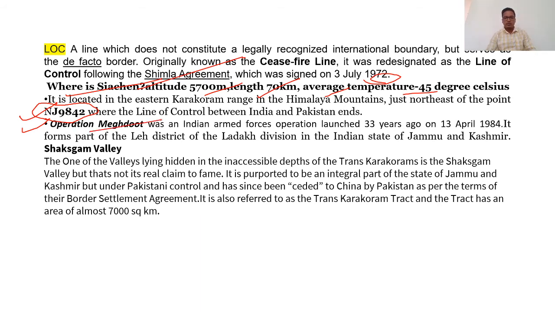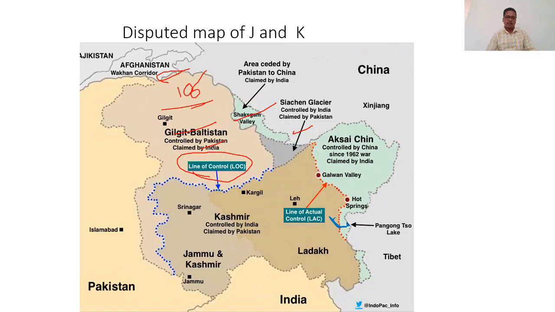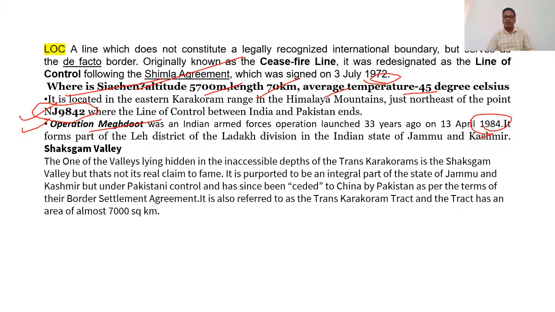Operation Meghdoot was in 1984, through which we captured Siachen Glacier. This can be asked: since when do we have Siachen Glacier? 1984, where we captured this barren land, this strategic point, through Operation Meghdoot.